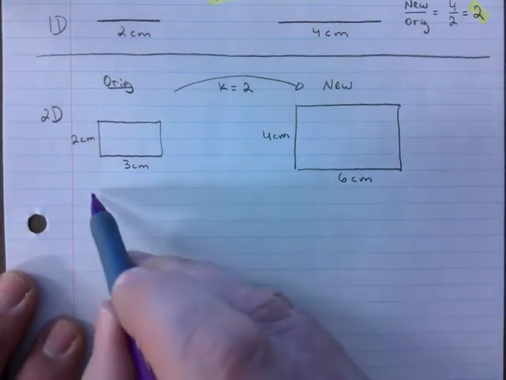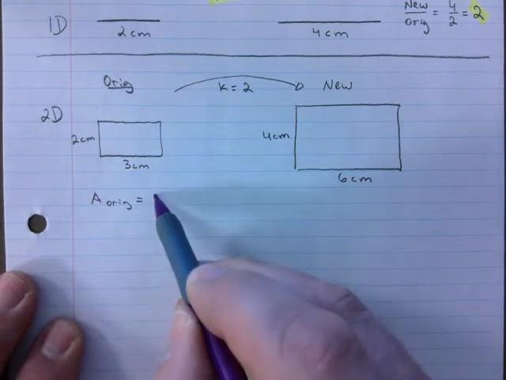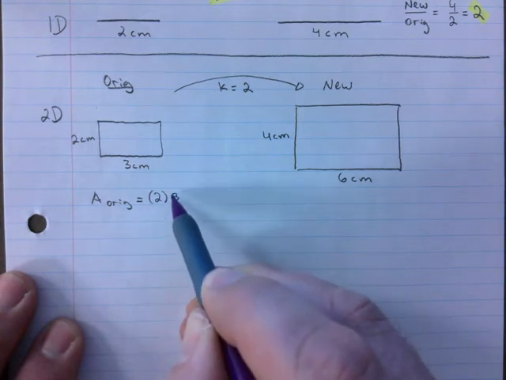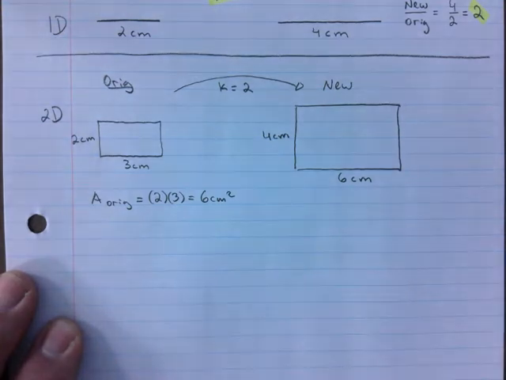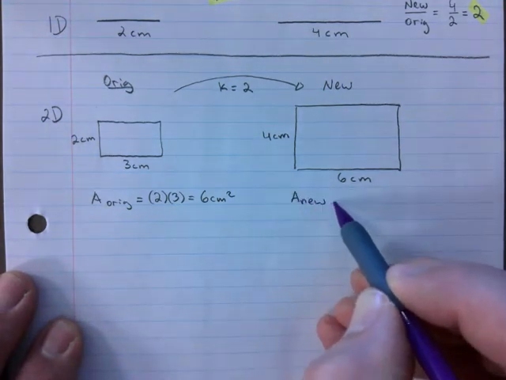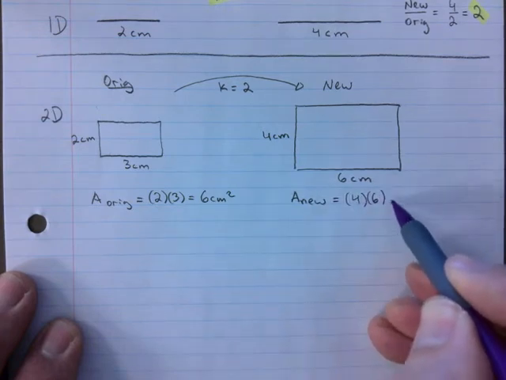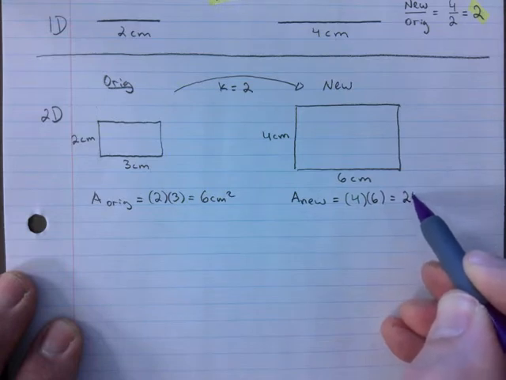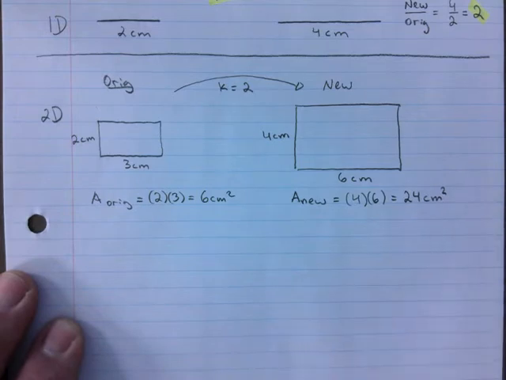So the area here, area of original, is going to be 2 times 3, which is 6 centimeters squared. I think you can handle that, right? The area of the new would be 4 times 6, which is 24. Does that look like double to you? If you look at the areas, where the areas doubled, doesn't look like it, does it?